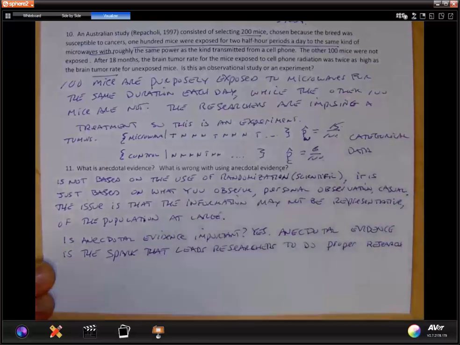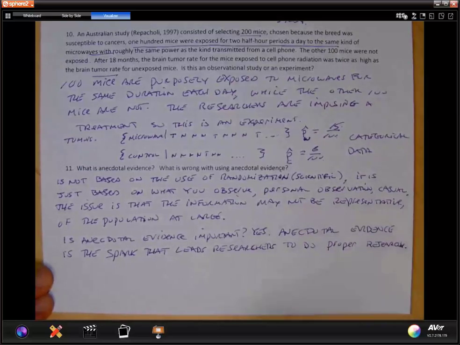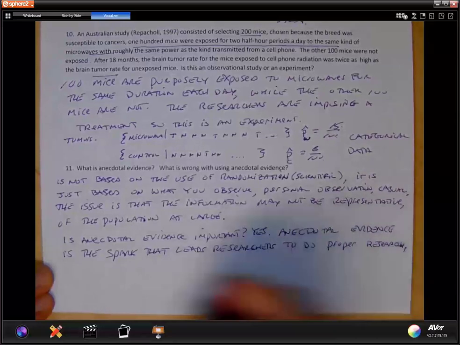So again, it's a spark that leads researchers to do proper research to try and figure out what is really happening on what is being observed anecdotally.